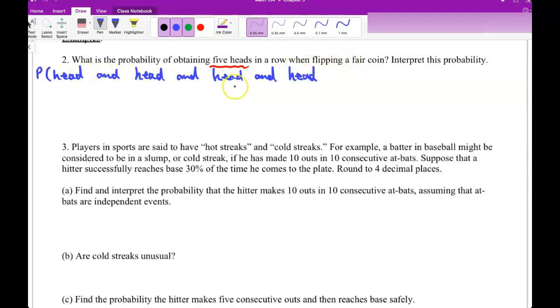So we have 1, 2, 3, 4, 5 heads. That is equal to multiplying each one.